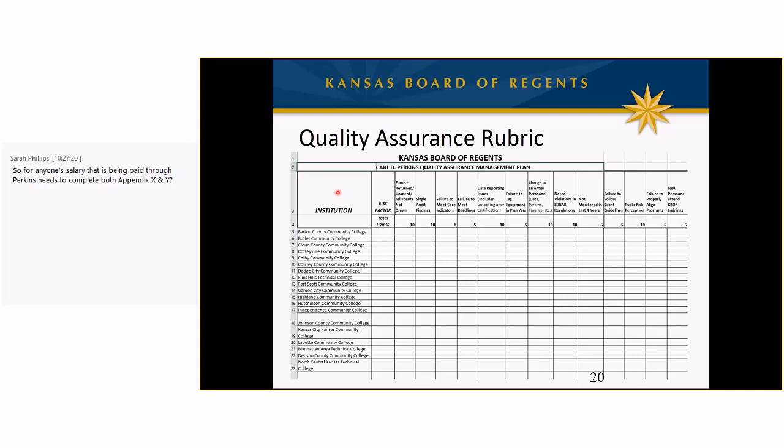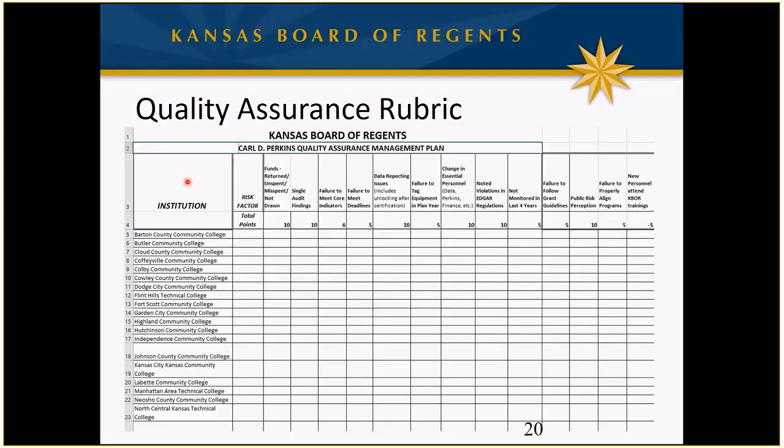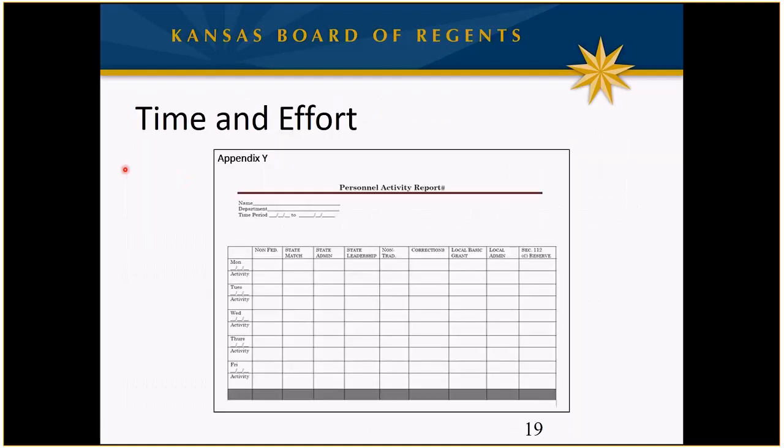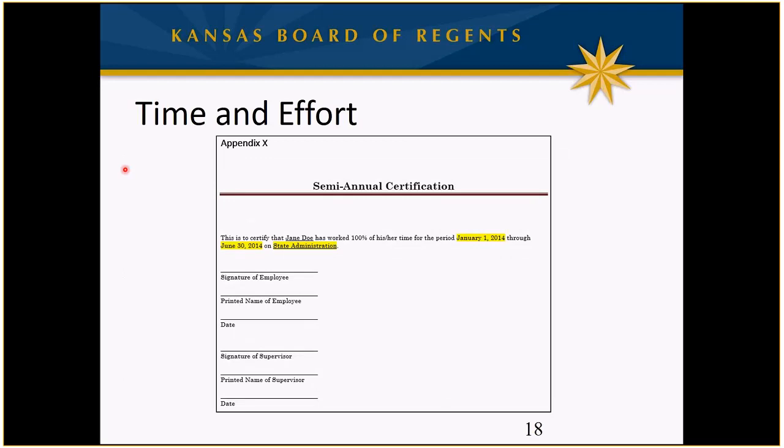I think we have a question on the chat. It says, does anyone's salary that is being paid through Perkins need to complete both Appendix X and Y? No, it'll be one or the other.